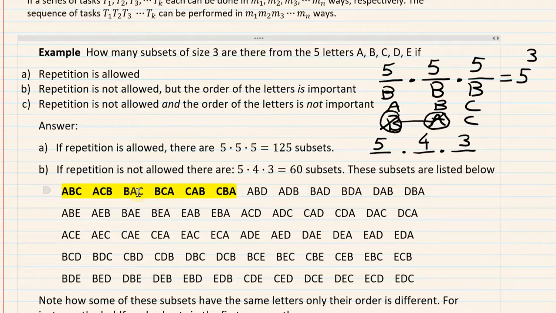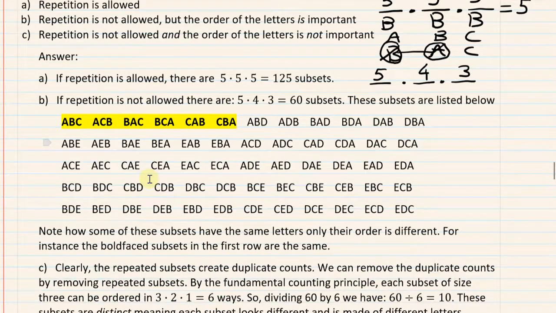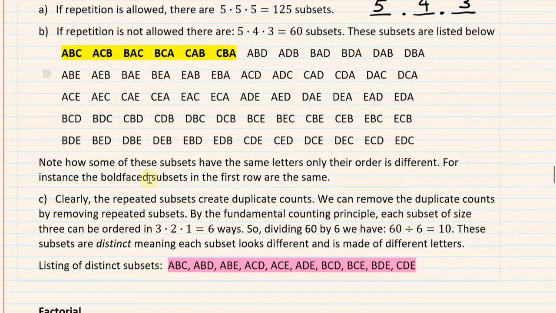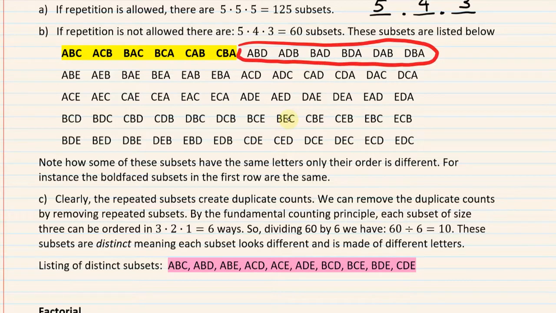So my selection is not sensitive to order. In that case, of those 60, only 1, 2, 3, 4, 5, 6, 7, 8, 9, 10 of those are distinct, meaning different.